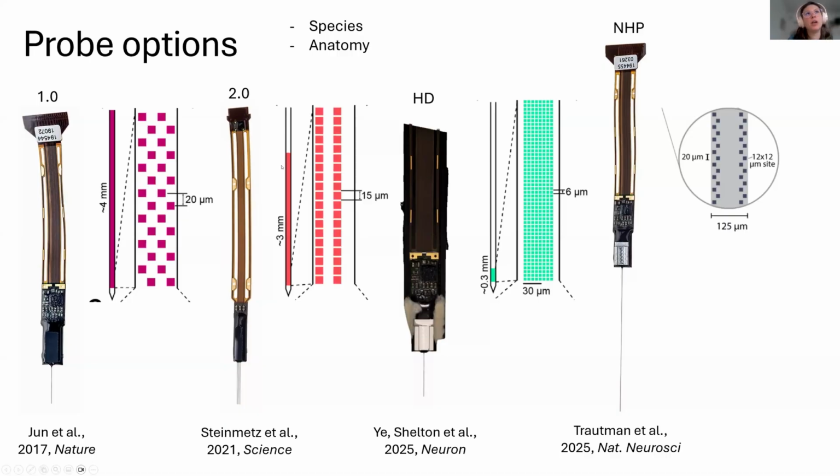For example, if your region is very big along the dorsoventral axis, then it's the 1.0 probe that can span the biggest area of 4 millimeter. But with the 2.0 probe, you can specify a horizontal configuration, and so you can record more channels along the horizontal axis.